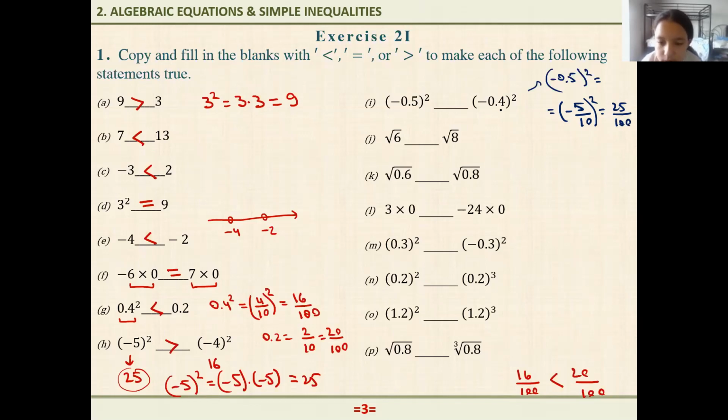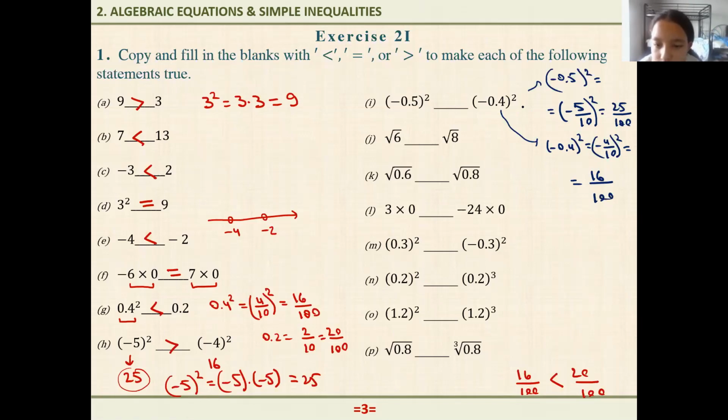And how about on the right-hand side? On the right-hand side, we have negative 0.4 squared. That is negative 4 over 10 squared, which is equal to negative 4 squared, that means negative 4 times negative 4. That is 16 over 10 squared, which is 100.